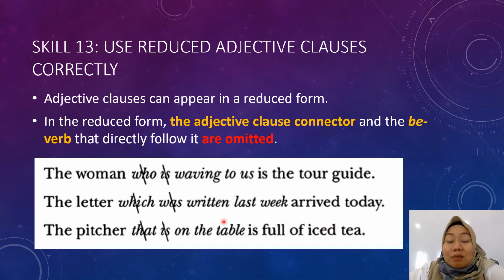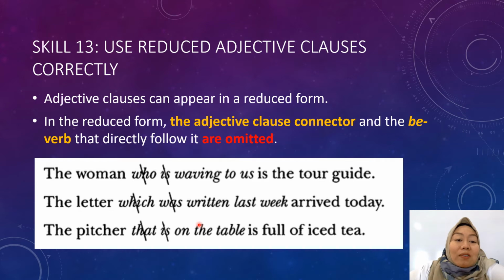And if you still remember from the previous skills that we have learned, this is also a past participle phrase. Present participle phrase, past participle phrase, these two phrases also play the role of an adjective modifying the noun it modifies. So it is the same as the role of the adjective clauses here.